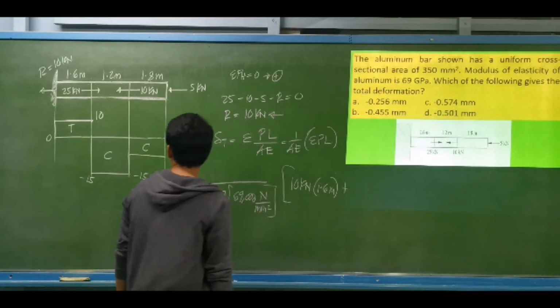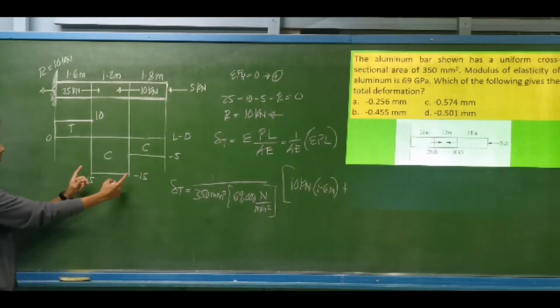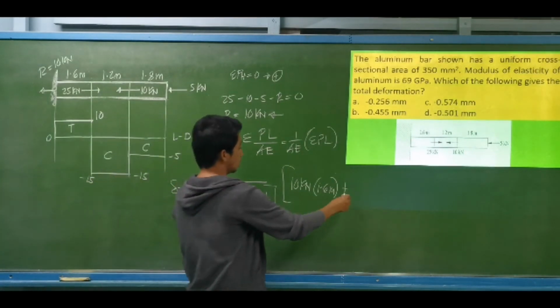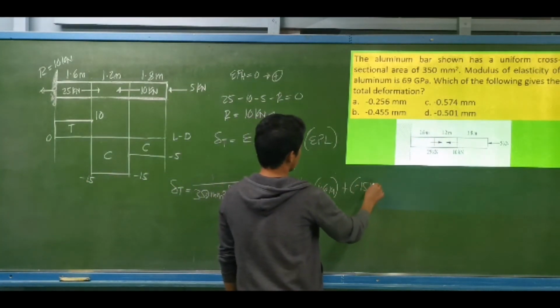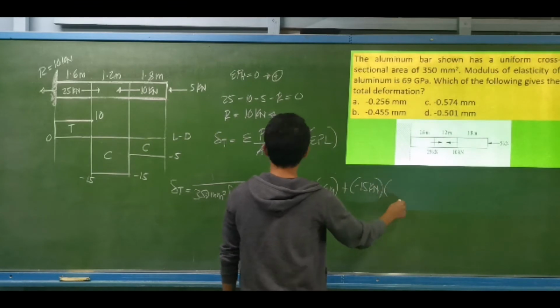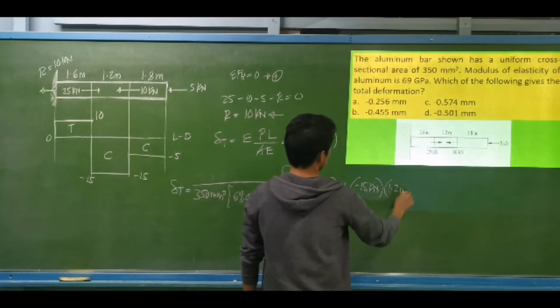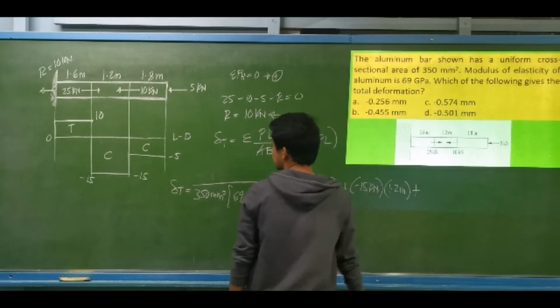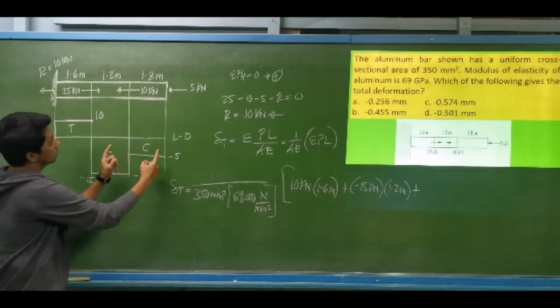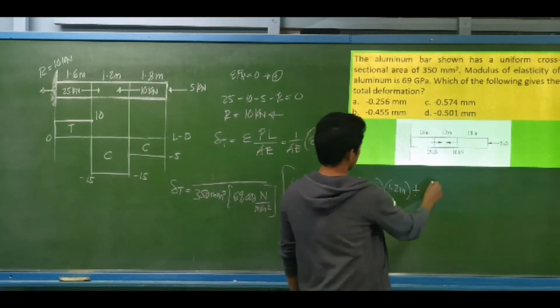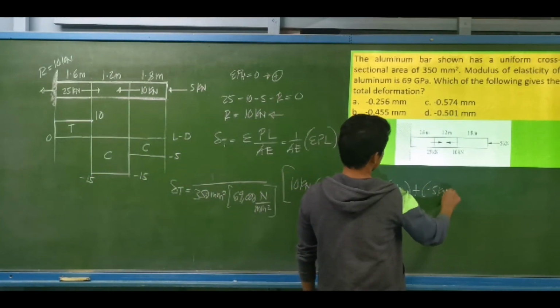Okay, plus the next segment, which is under compression, we have a magnitude of negative 15. So this is negative 15 kilonewtons. What is the length of the segment? That is 1.2 meters. Okay, plus our last segment, a 1.8 meter segment with a magnitude of negative 5 kilonewtons.